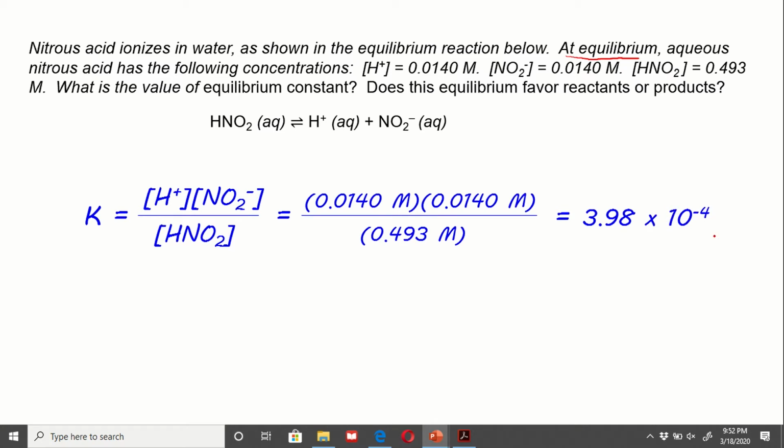And this will be the answer you get. And what do you think the units should be? The units of this equilibrium constant.